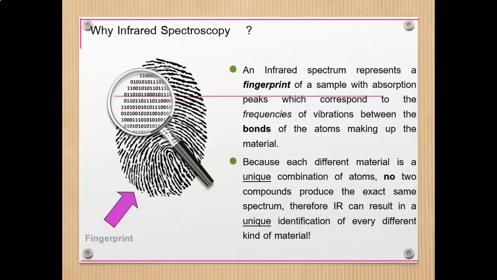Therefore, infrared can result in a unique identification of every different kind of material. So every bond, for example, CH, we have NH, we have C double bond C, triple bond, all these bonds have their own wave number.